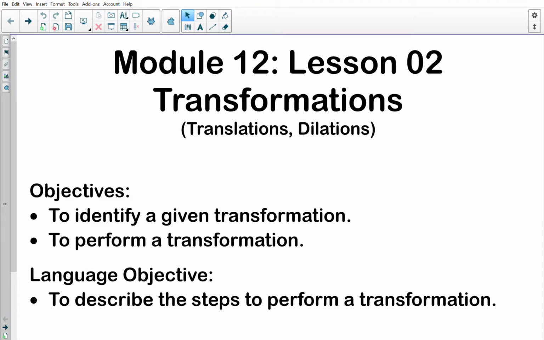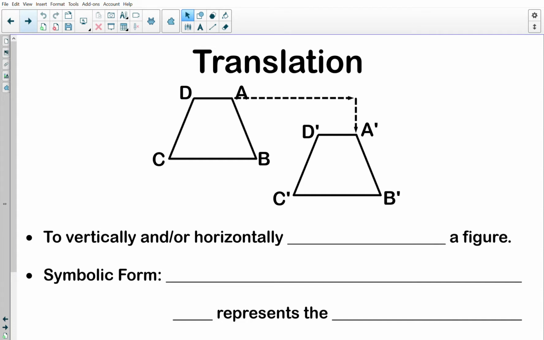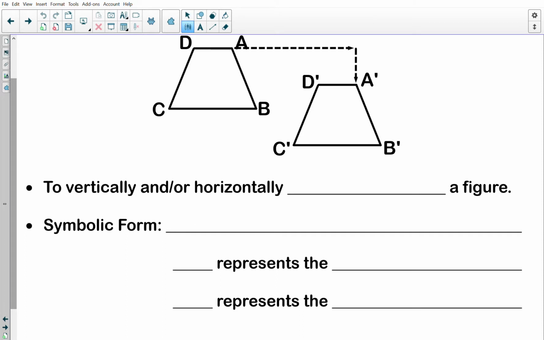So this is a brief overview of translations and dilations from the transformation unit. For a translation, we are going to vertically or horizontally shift a figure.